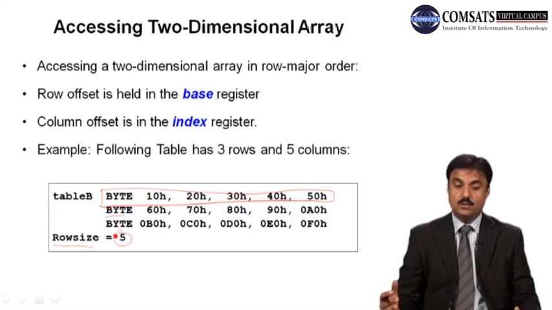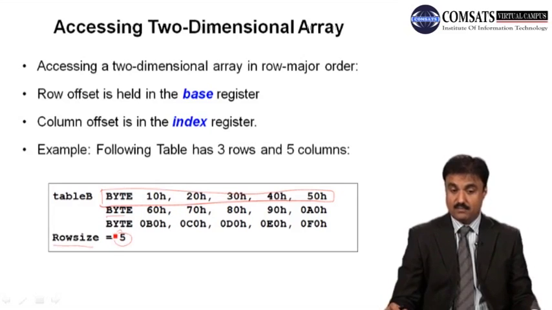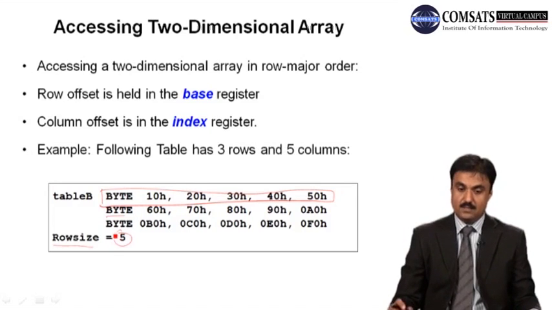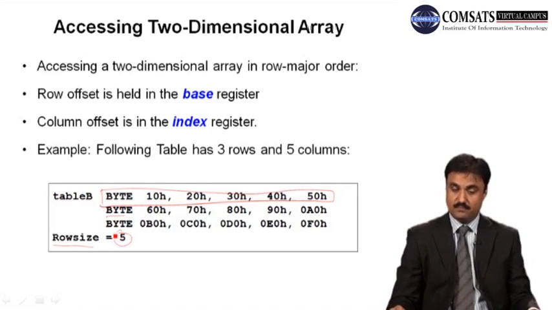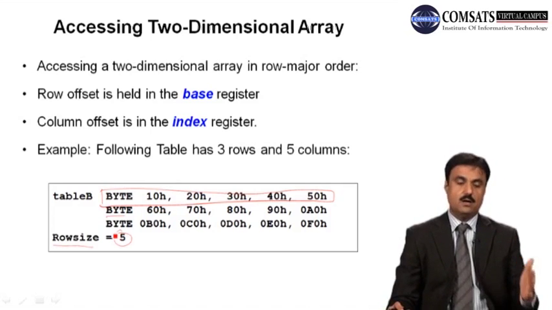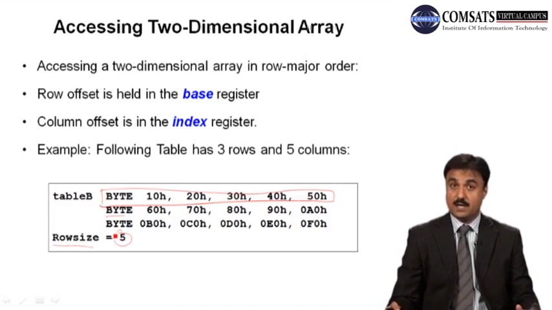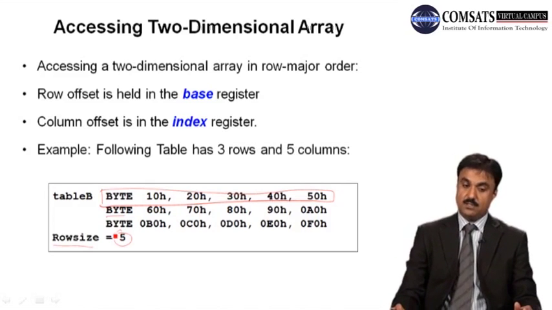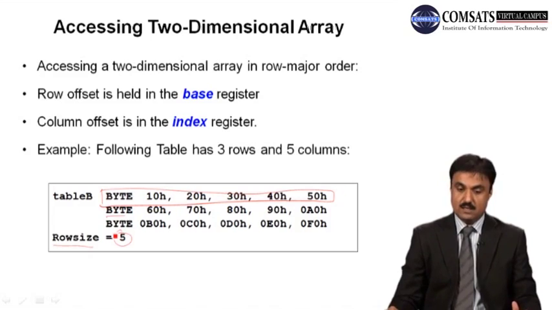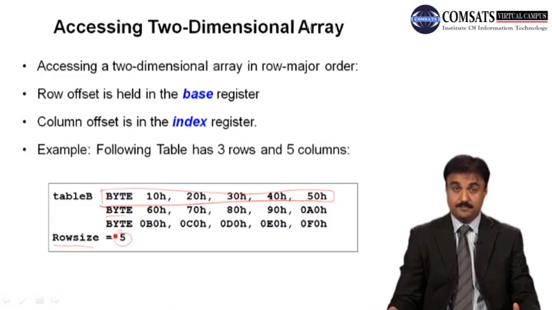So the row offset is held inside the base register. So this is the offset value. The offset value, or the starting address of the table, will be held in the base register, and the column offset will be held inside the index register.